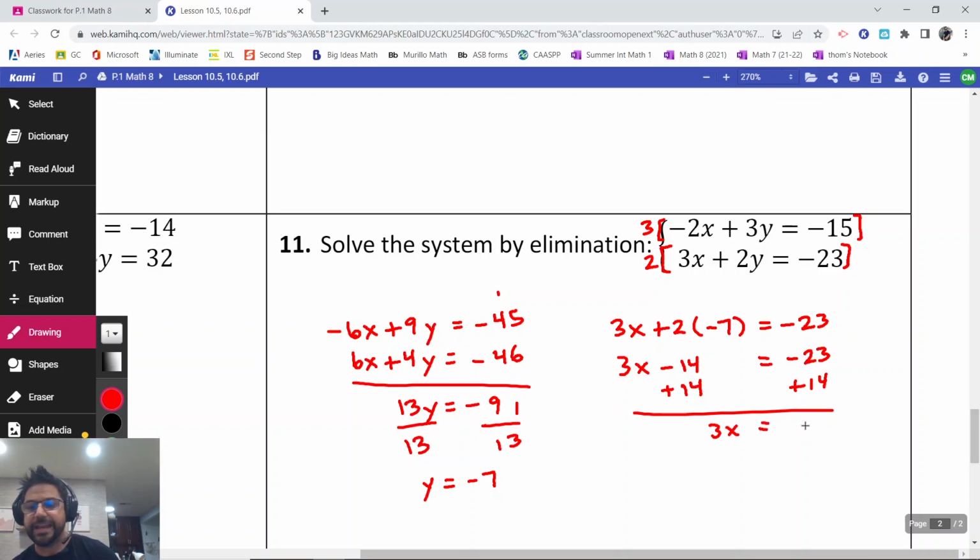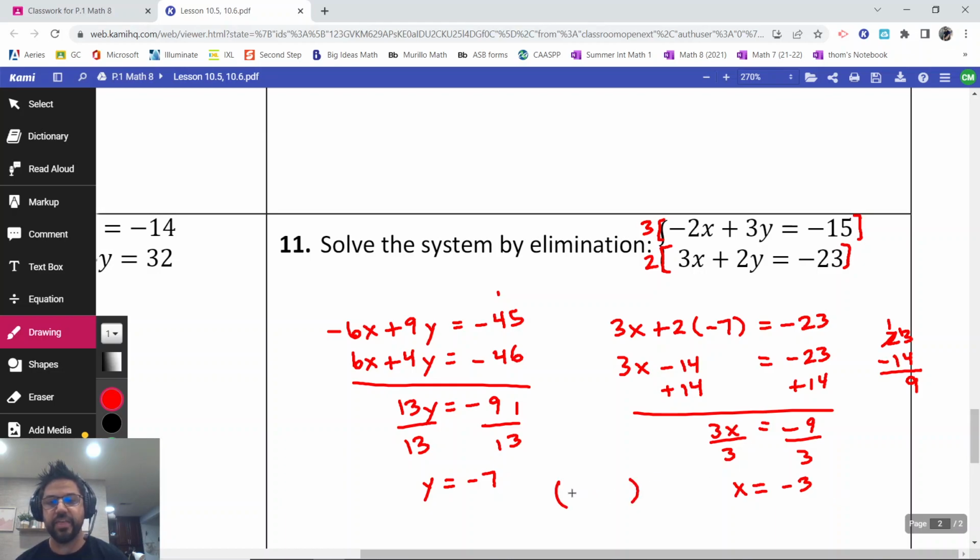It's definitely negative. Some of you might actually need to come over and do the subtraction. And again, there's no shame in that. Borrow from the 2, make it a 1. 13 subtract 4 is a 9. Oh, so this will work out nice. So x is going to be negative 3. So remember our answer in the form x and then y.